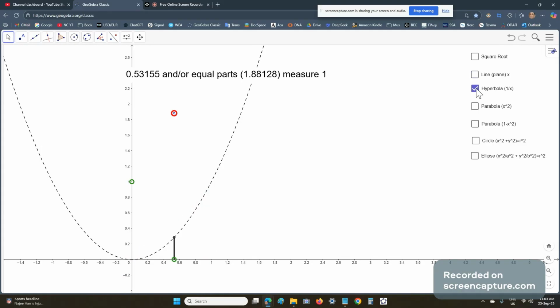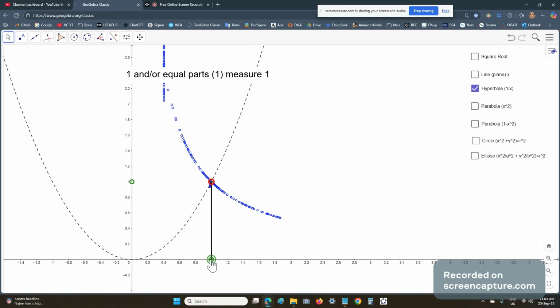Okay, the hyperbola is really the measure of one, or whichever the magnitude is, with another magnitude, okay, like this magnitude here. So one measures one, there should be one here, I think it is one. Yeah.